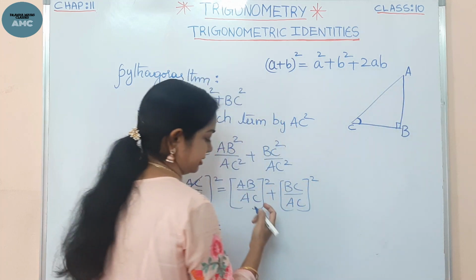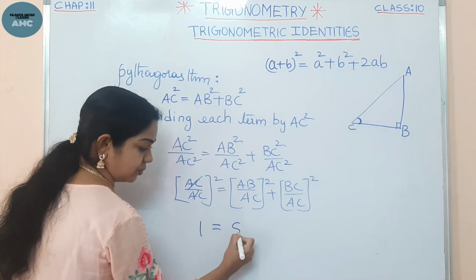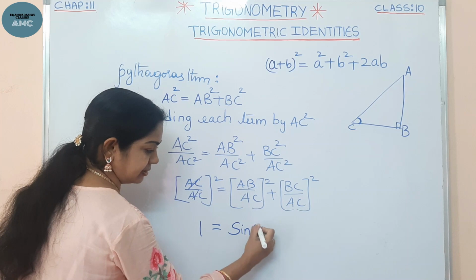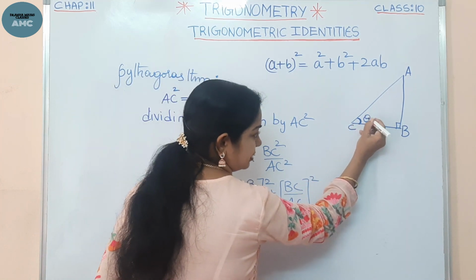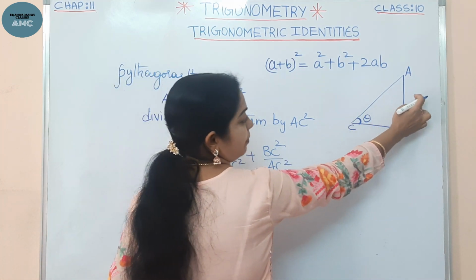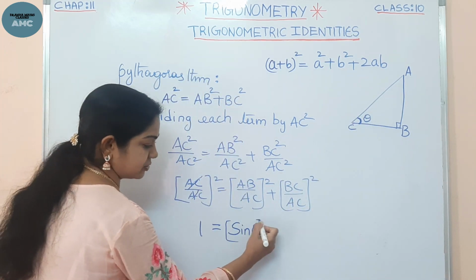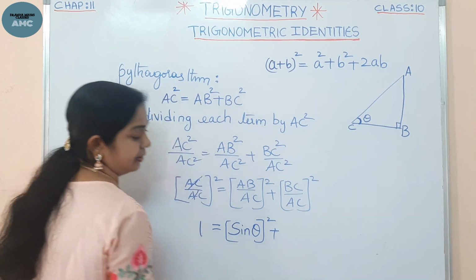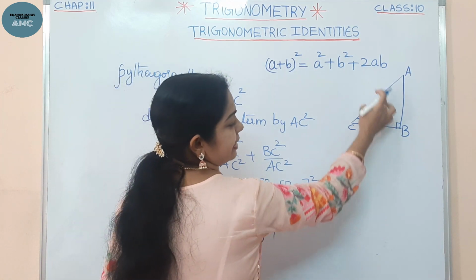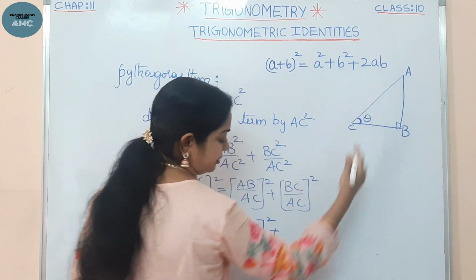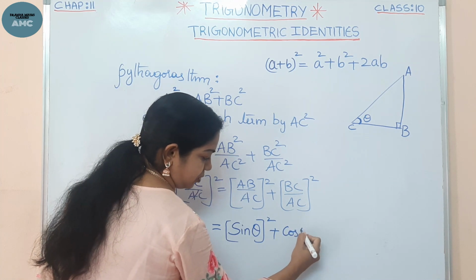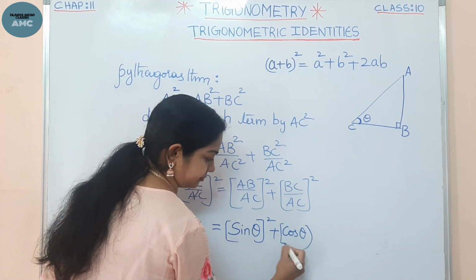Nothing but the sine function, isn't it? So, let this be sine theta. Now, I'll suppose this as theta, okay? So, for theta, opposite by hypotenuse, AB by AC is sine theta and also given square. Now, BC by AC is adjacent by hypotenuse, that is cos theta whole square.